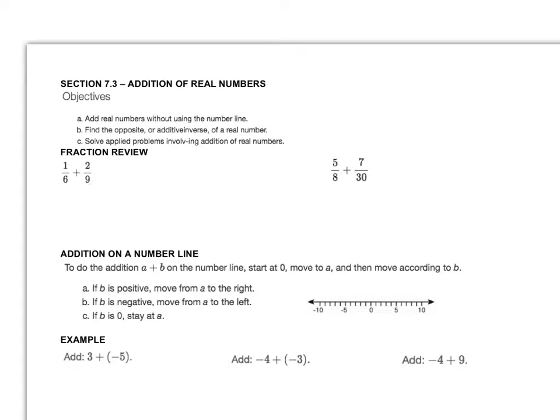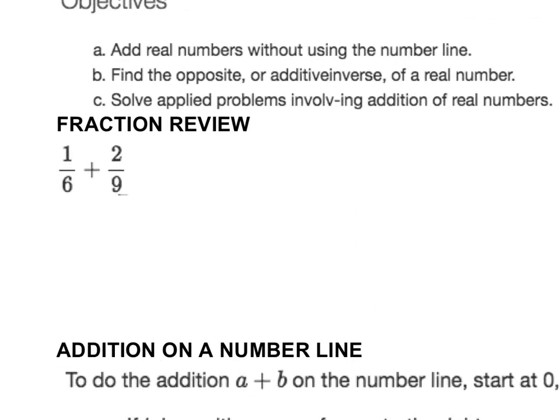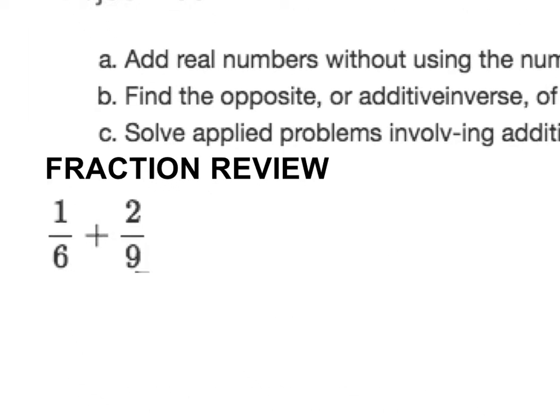So the first thing I want to do is talk about addition of fractions, okay? In this fraction review, the one thing I want us to write down is that we need to make sure that we have what's called common denominators.